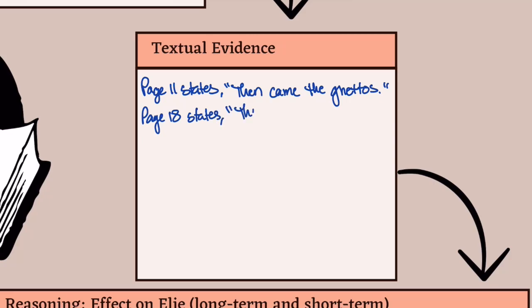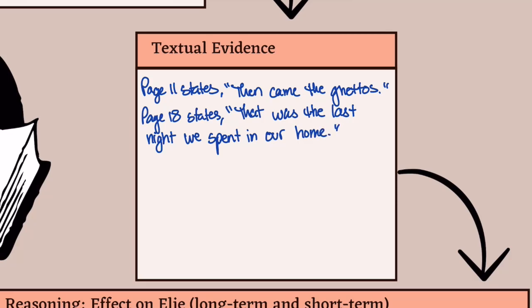"That was the last night we spent in our home," right? Okay, we kind of see the process of this dehumanization. This is just the beginning too, right? I mean, out of all the things we read in this book, we know that this is just the beginning.